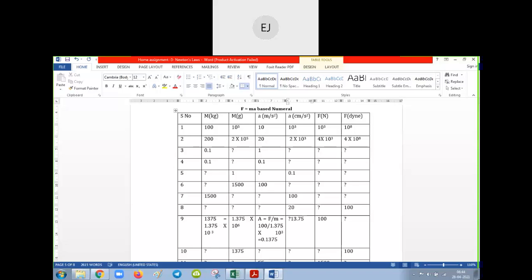Then next, the dyne will be 10 to the power 7. This is 10 power 2, and 10 power 2 into 10 power 5 is nothing but 10 power 7. That's it.